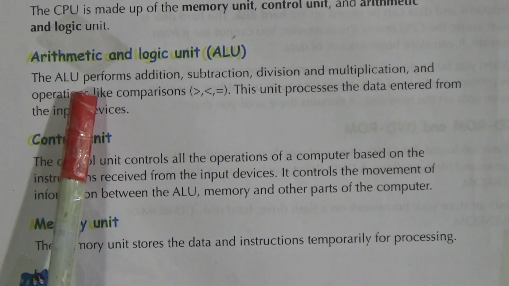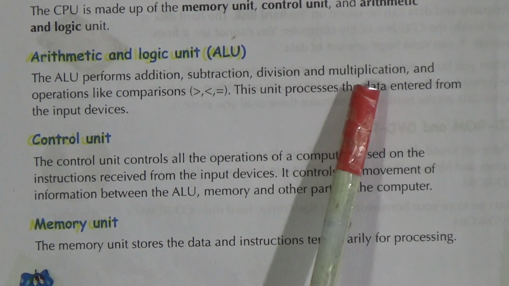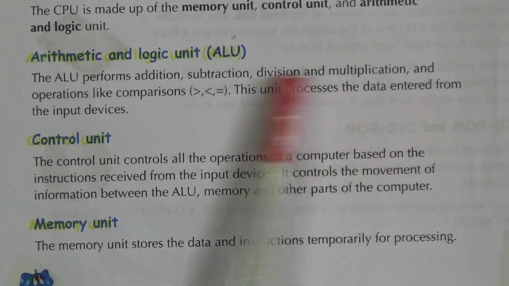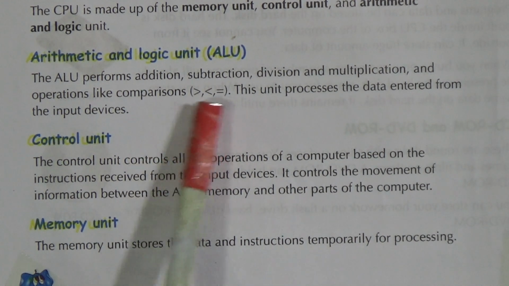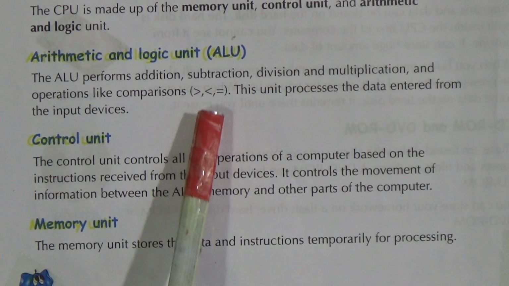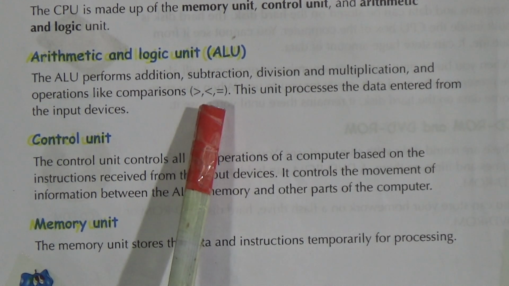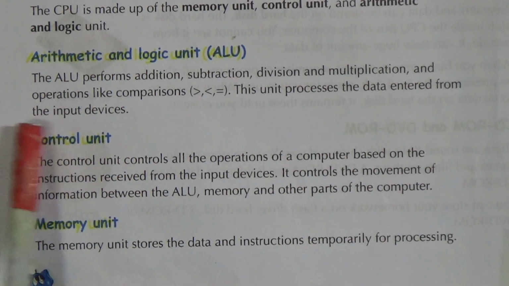The ALU performs addition, subtraction, division, and multiplication, and operations like comparisons, like you can see here, the less than sign, the more than sign, and the equal to sign. This unit processes the data entered from the input devices.